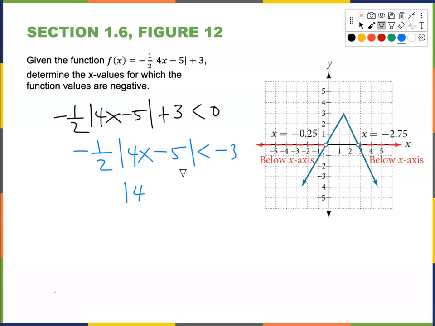So absolute value of 4x minus 5. When we multiply by negative or divide, you change the inequality. So this is now greater than 3 times 2 is 6. So then again, 4x minus 5 is equal to 6.